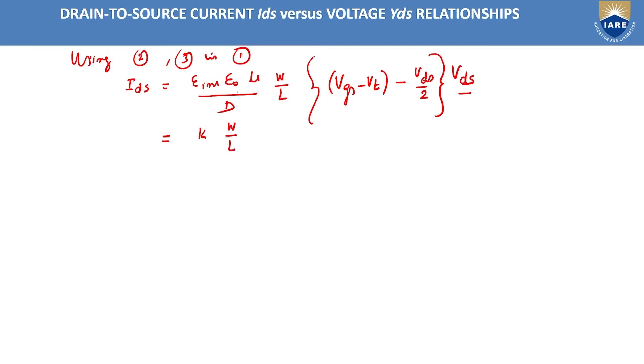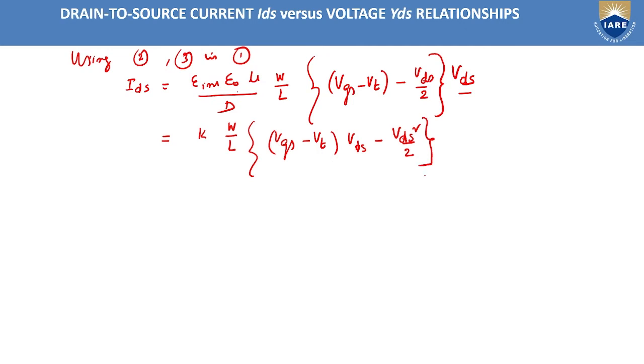K is nothing but epsilon INS epsilon naught mu divided by D. So K W by L into VGS minus VT into VDS minus VDS square divided by 2.